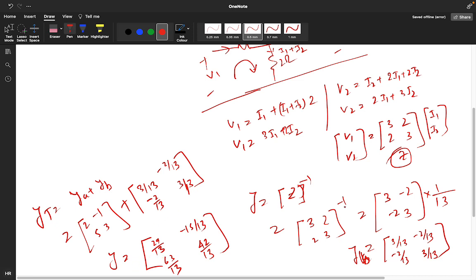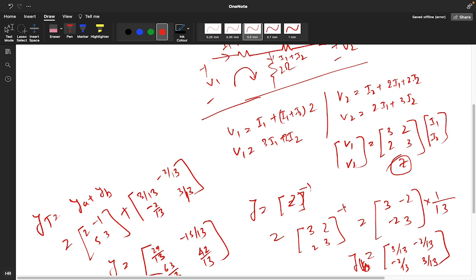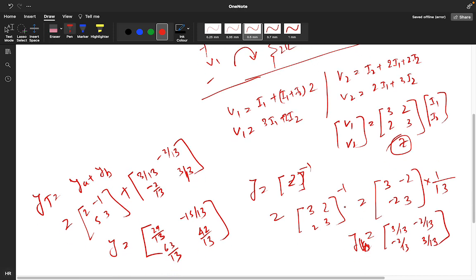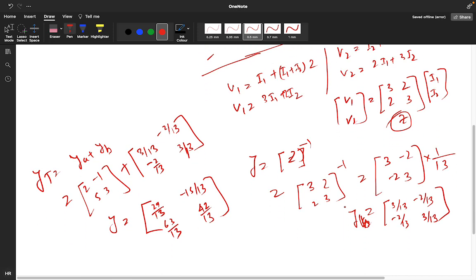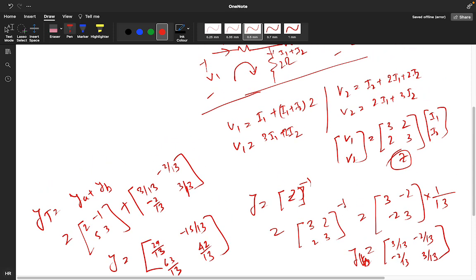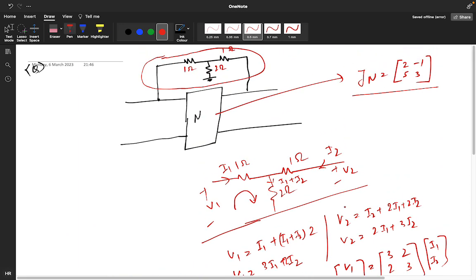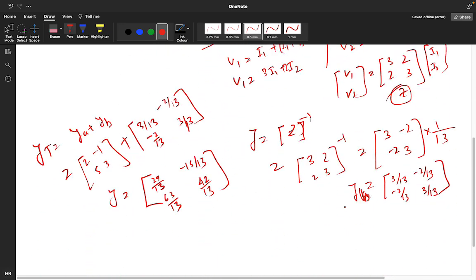So minus 2 by 5. Okay. 1 by 5 will come. Where will 1 by 5 come? In the Y matrix, the given inverse is 1 by 5.